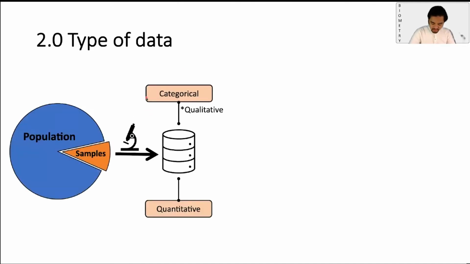Remember, every time you do your experiment in your study, you collect a sample from the population, okay? And then you do your experimentation, or you do a survey, and you record your information. The information that you collected from your assays, from your experimentation or from the survey, can be divided into two groups: the quantitative and the qualitative data.